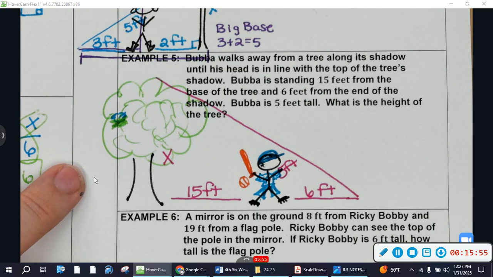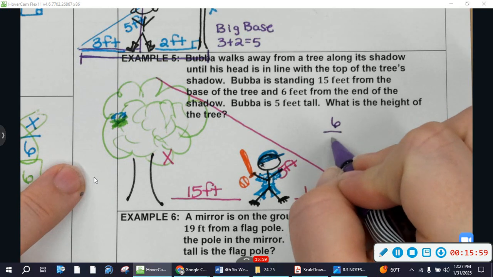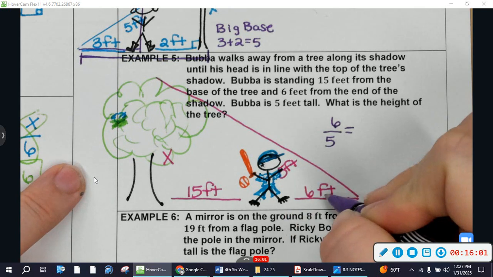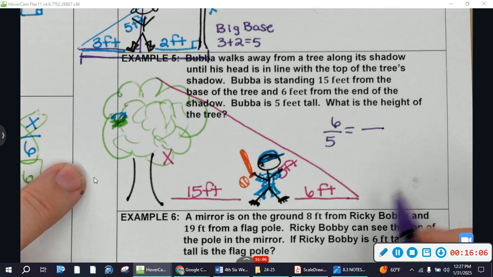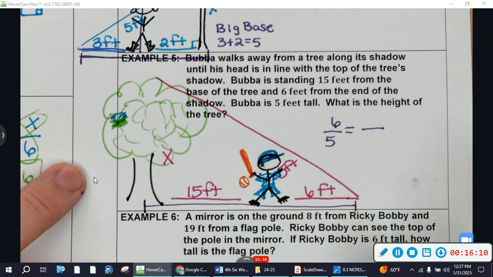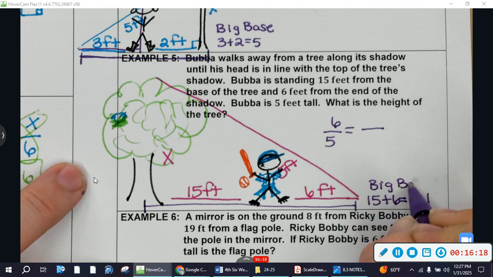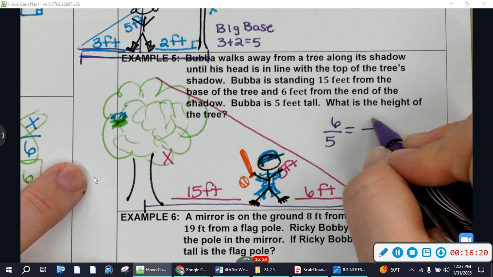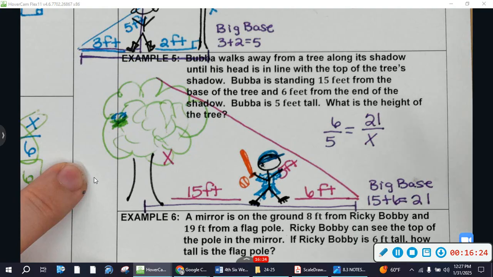Staying consistent with what we've been doing, I'm going to say base is to height. Little base is to little height as big base. Don't forget, big base is 15 plus 6, so the big base is actually 21 is to height.